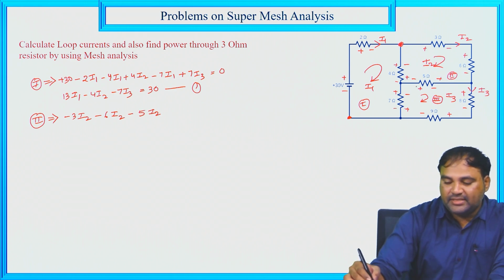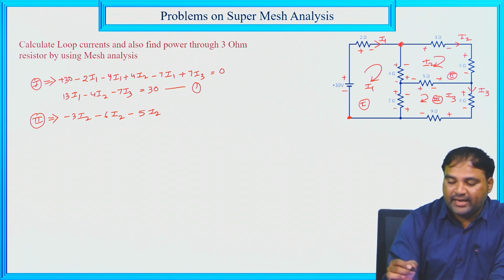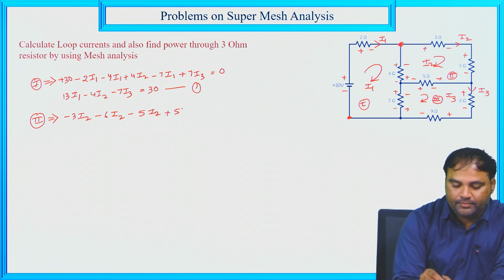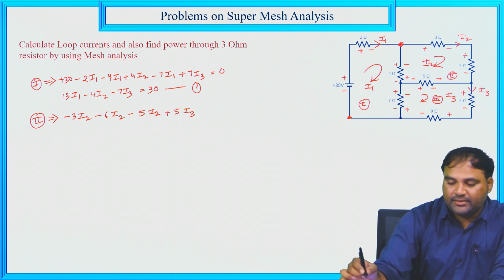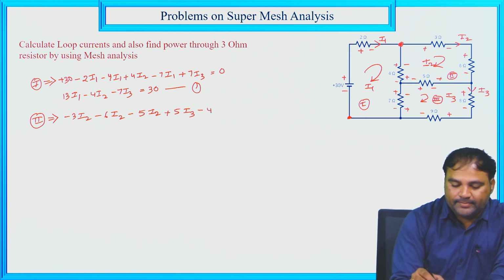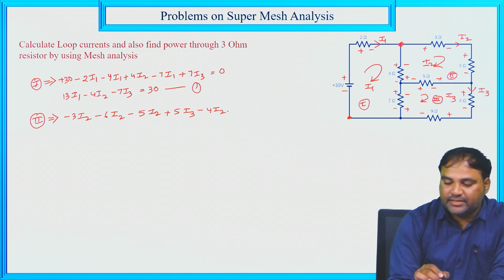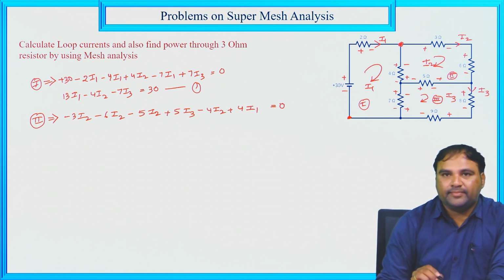Next plus polarity also is there, so in terms of I3, plus 5I3. And again from this point the second polarity is minus, so in terms of I2 it is minus 4I2, and in terms of I1 plus 4I1, that is equal to 0.